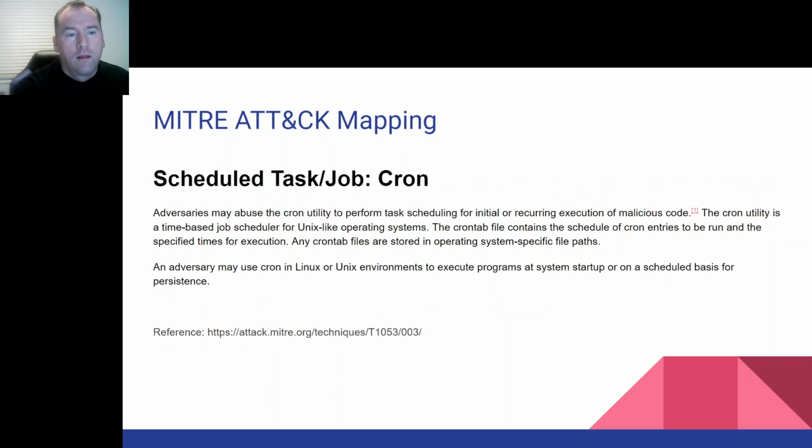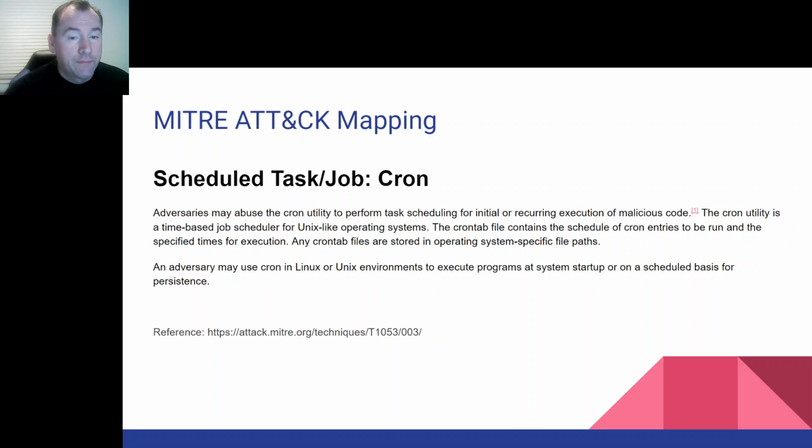We're using crontab to modify the crontab, but I want to explore this a little bit more. Why? Adversaries abuse the cron utility to perform task scheduling for initial or recurring execution of malicious code. The cron utility is a time-based scheduler for Unix operating systems, and the crontab file contains the schedule of cron entries to be run and the specified times for execution.